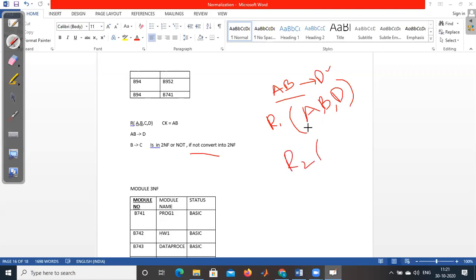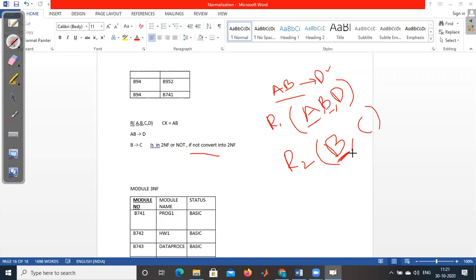In relation R1, A and B are the primary key attributes. So AB tends to D means if you know both A and B, you can get D. Second one is B tends to C. What is B?